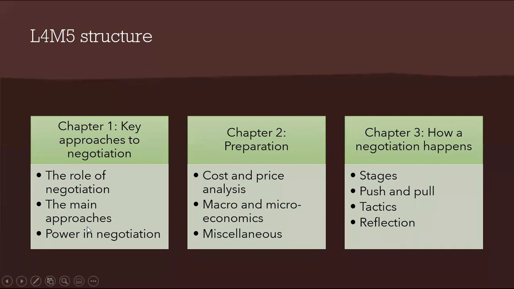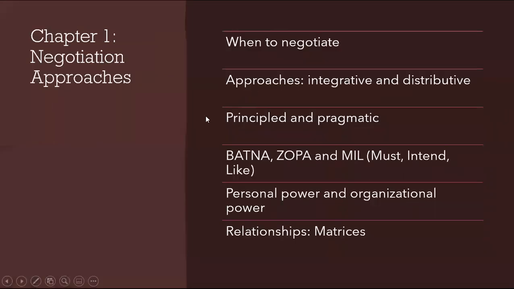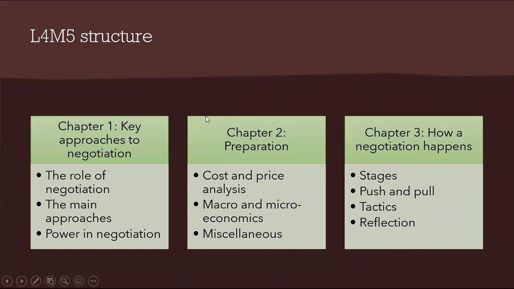In chapter 2, we look at how to prepare for negotiation. First, how cost and price are analyzed before engaging in a negotiation. Also, we review the macro and microeconomic factors which impact on the negotiation.